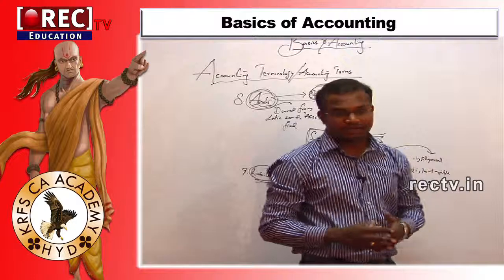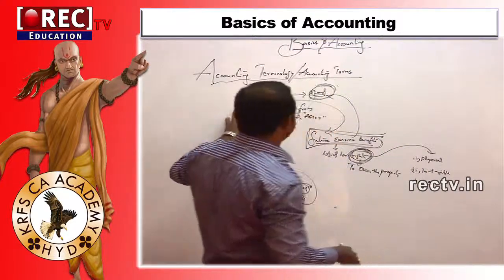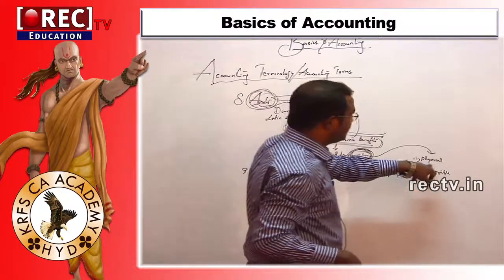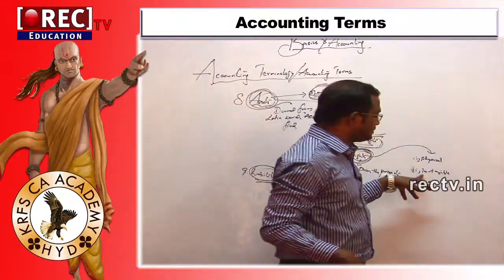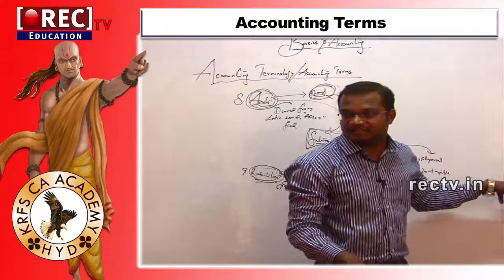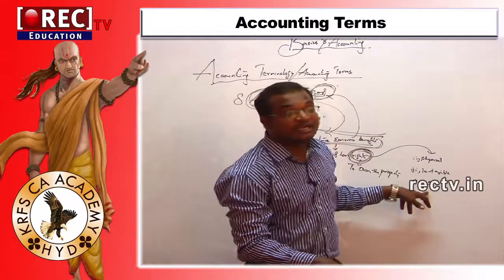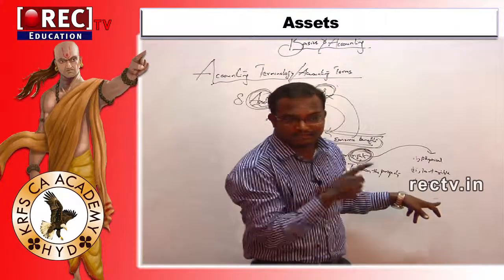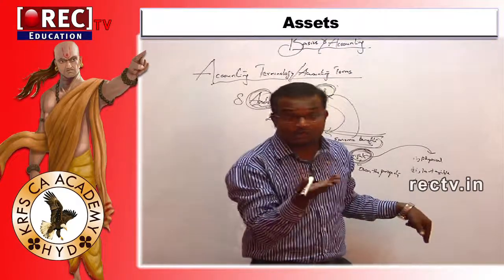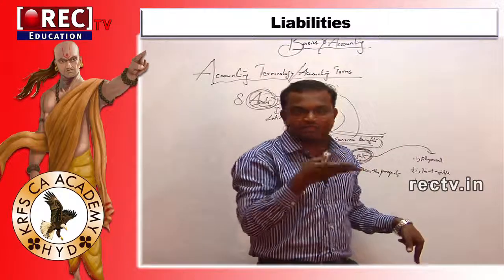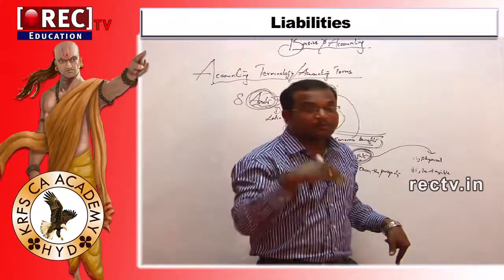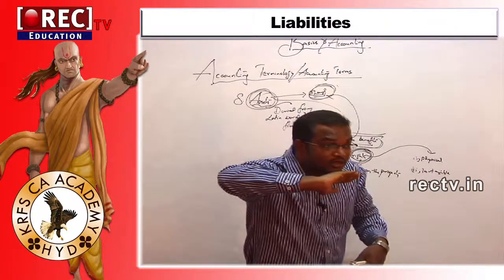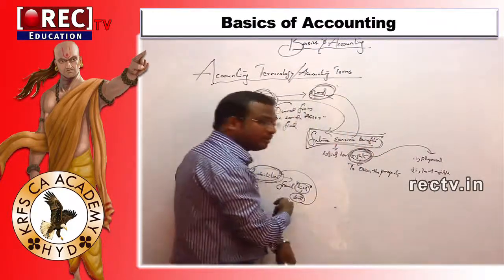Okay, sir, I hope you have understood clearly what is meant by assets and what is meant by liabilities. We have seen physical assets, and at the same time we have seen intangible assets, and even debts due to the company from others. That is nothing but current assets. That means outsiders owe the company; the company is yet to receive the amount from outsiders. If the company needs to pay, it comes under liabilities.